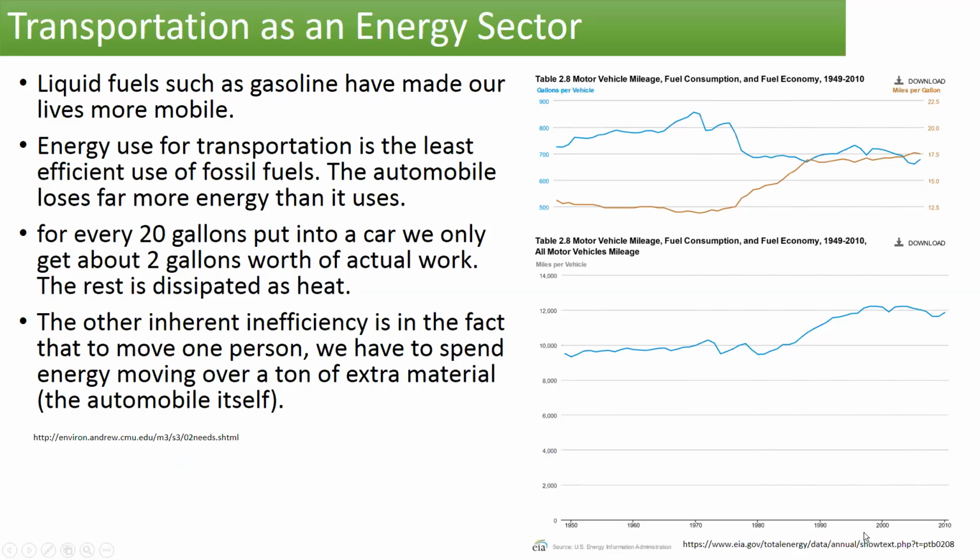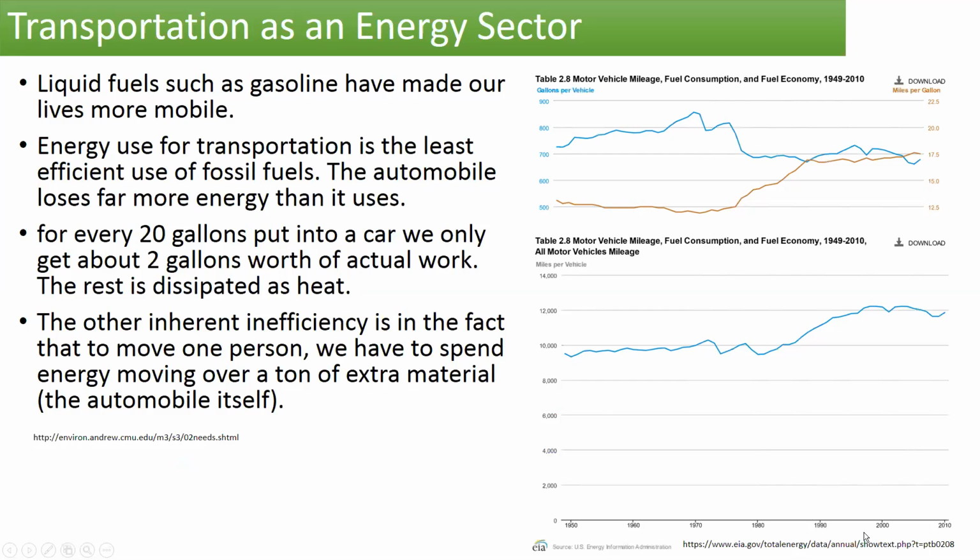And the gallons per vehicle has decreased because the efficiency of the vehicles has increased in that respect. We can also see the miles per vehicle has increased in the same period of time as well. So we have better efficiency, but still the way that we move vehicles today is so inefficient.